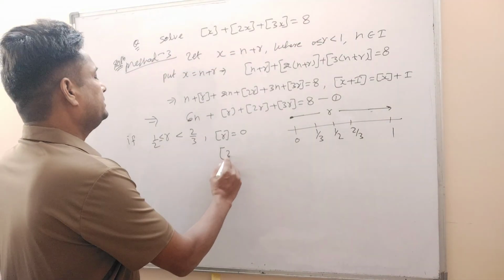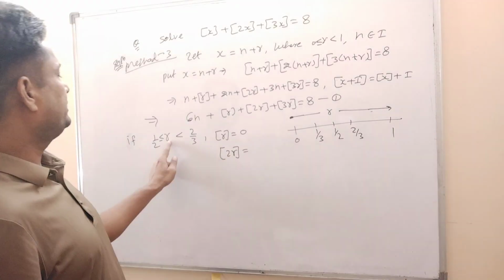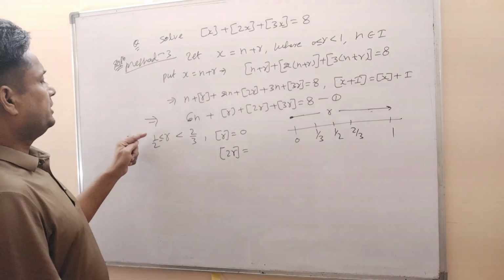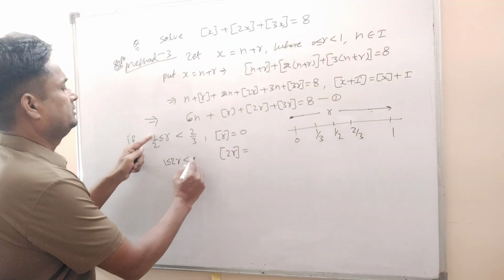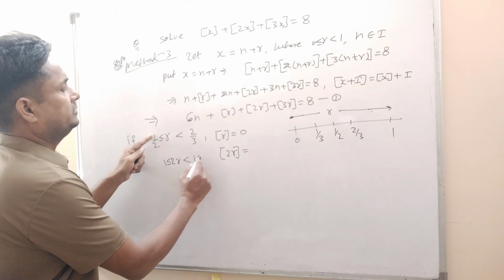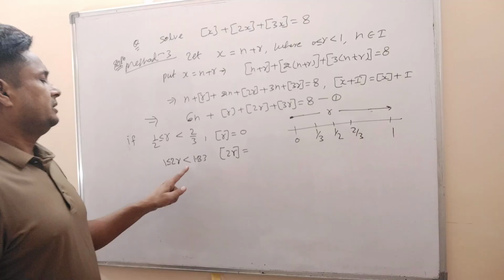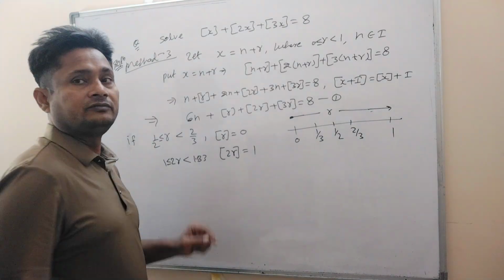And the greatest integer of 2r: if you multiply here by 2, then 2r will be between 1 and 4/3, that means 1.33. If you take the greatest integer of this, it will give you the value 1.